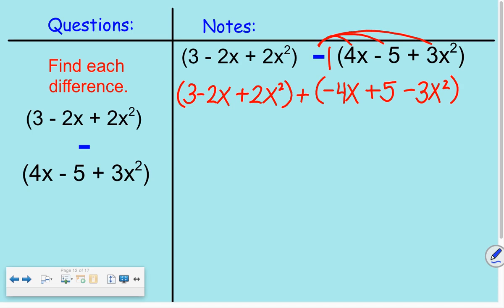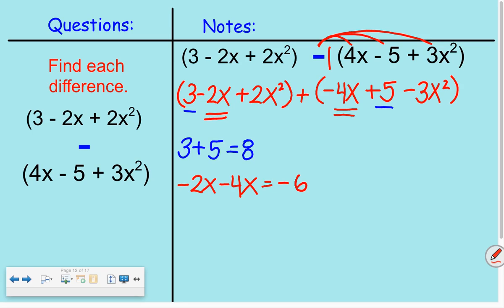Combine your like terms. So 3 and 5, both positive, so that makes 8. Negative 2x and negative 4x. Make sure you're always looking at the sign in front of each number.